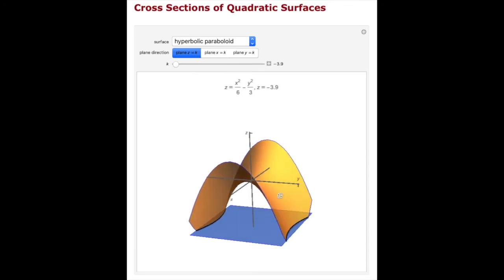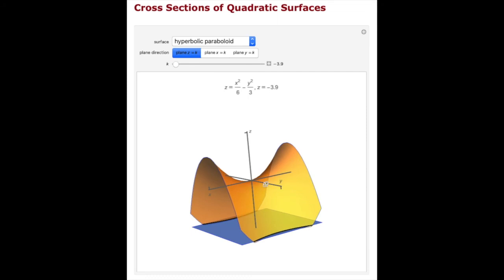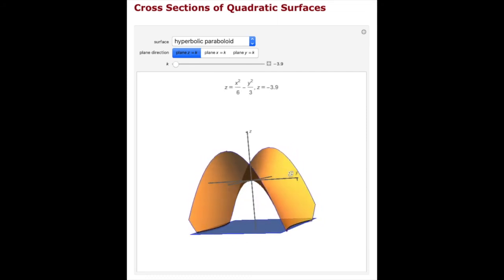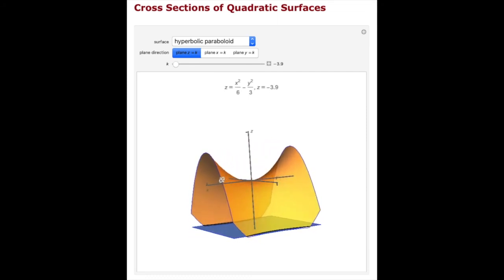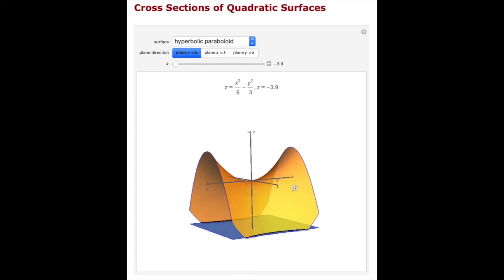If we remember from a previous video, the curves that can be found on the hyperbolic paraboloid are hyperbolas and parabolas. And we can see that looking at cross sections of this hyperbolic paraboloid in the planes z equals k, x equals k, and y equals k.